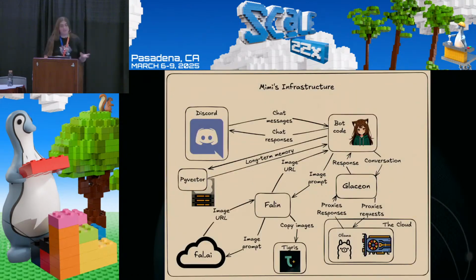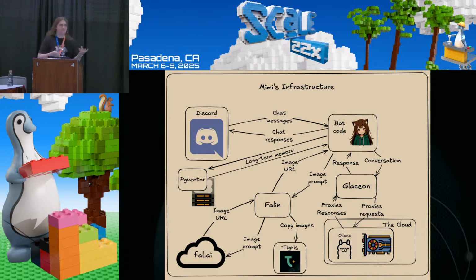Mimi gets chat messages from Discord. If she's interested in them, I have this complicated "do I need to pay attention" logic. It passes them to the GPU over a service a friend made called Glaceon. Glaceon connects over to the cloud using user space WireGuard to get to the copy of Ollama, spin it up when it needs to, spin it down when it doesn't need it, and then the Go code decides what to do next.